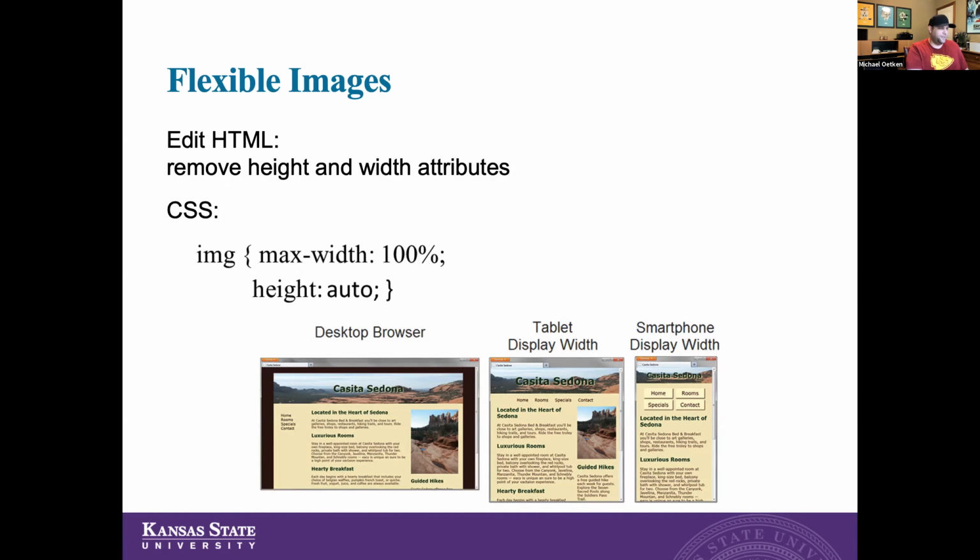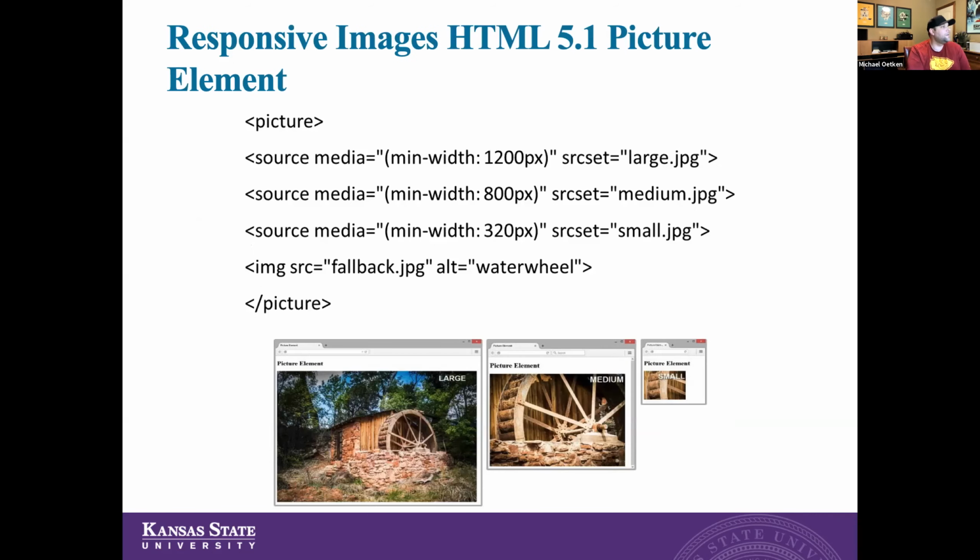So we don't have to worry about pixels at that point. We're just letting the screen size determine how big that photo is going to be. That works pretty well for the example here where we have that header image. It just shrinks as the phone shrinks. But if you had super tiny text on that graphic, it probably wouldn't work very well in the mobile version, so I just have to be careful about that.